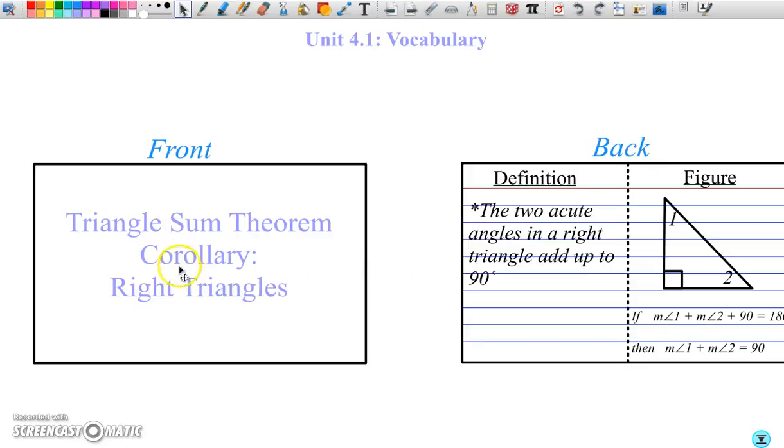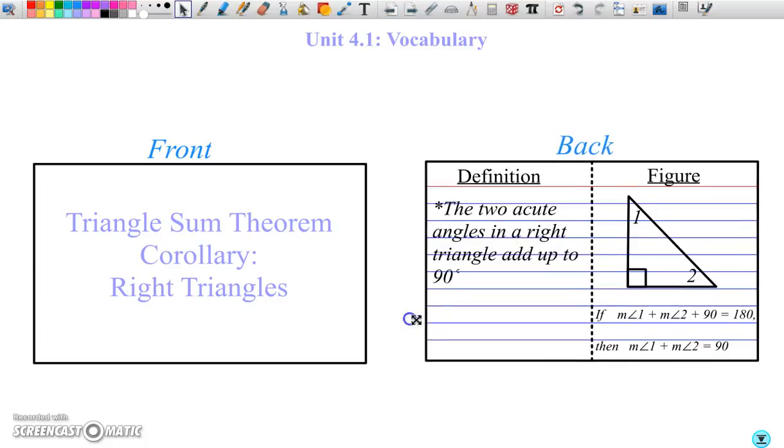Now we have what's called a corollary. A corollary is based on the original statement that all three angles add up to 180 degrees, but this one is specific to right triangles. What's nice is that the two acute angles in a right triangle add up to 90 degrees. The reason I want you to know this is because it makes it a lot easier on yourself.